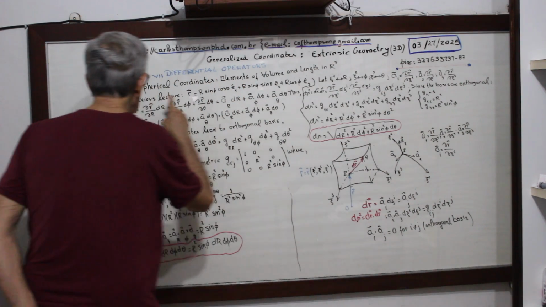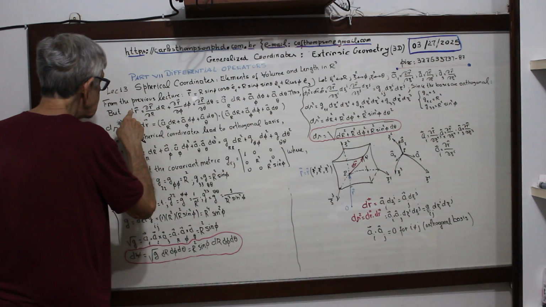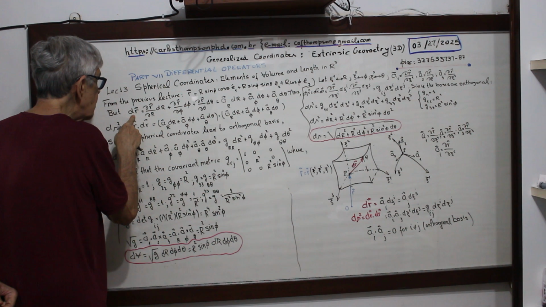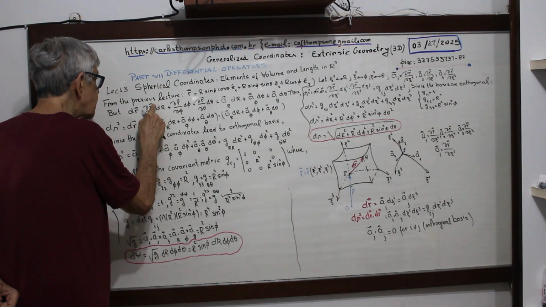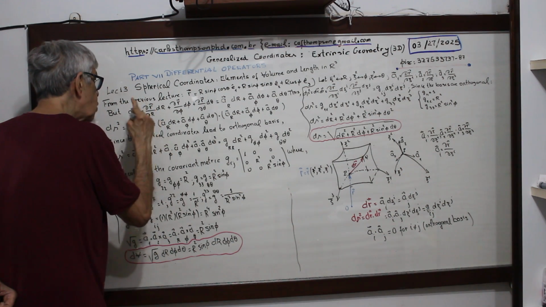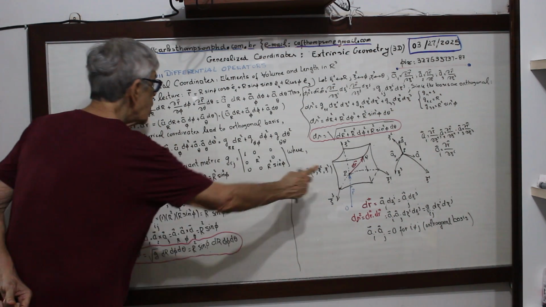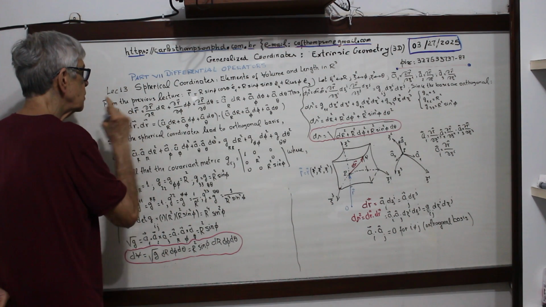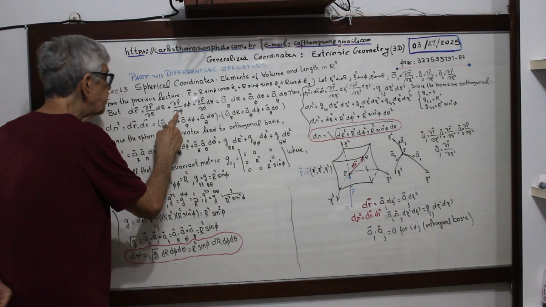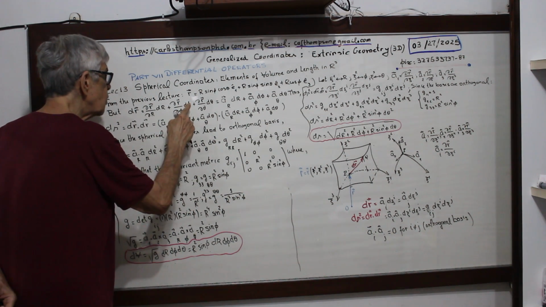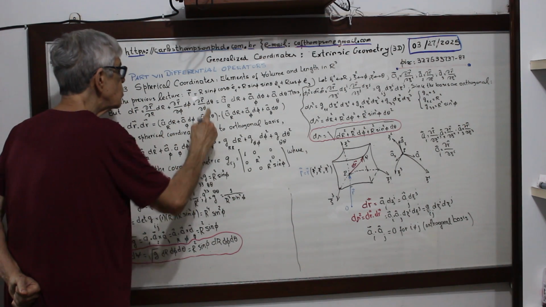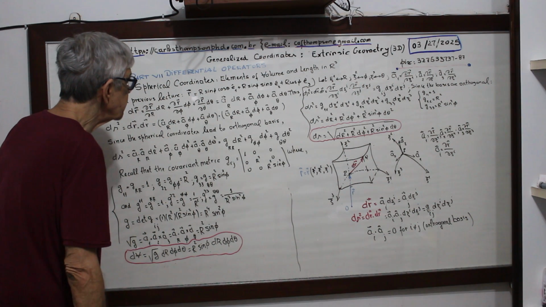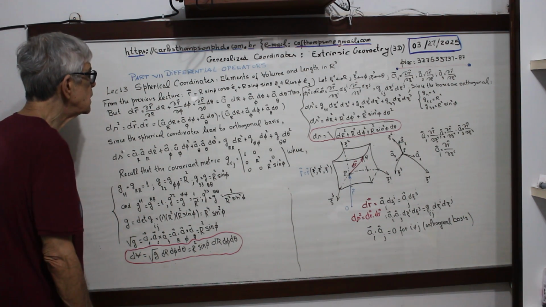You just come from here, okay? So the element dr, attention now, this is a tangent vector to the coordinate C1, which is R. This one is the tangent vector to the coordinate phi. And this one is the tangent vector to the coordinate theta.